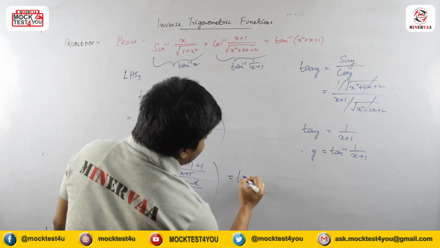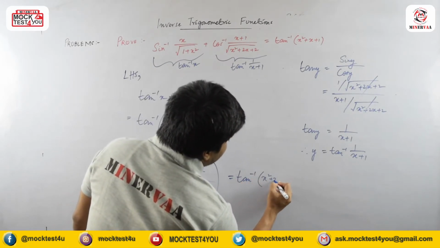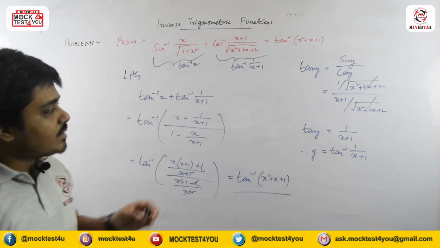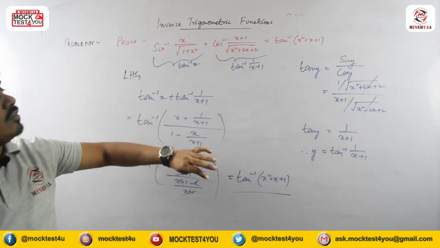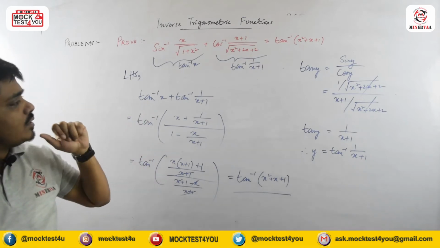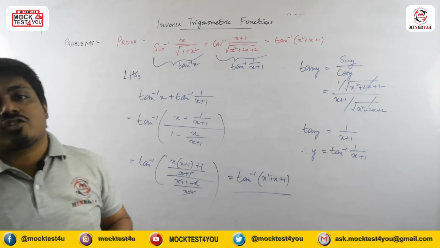So we have tan inverse of x square plus x plus 1. So that's my answer. I know it's a bit lengthy, but it's the way we have to do it. We have to solve the question like this. There is no other way. So that's how we solve this question.